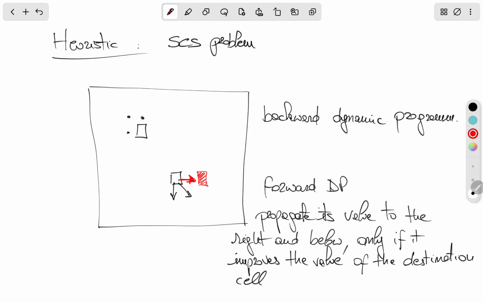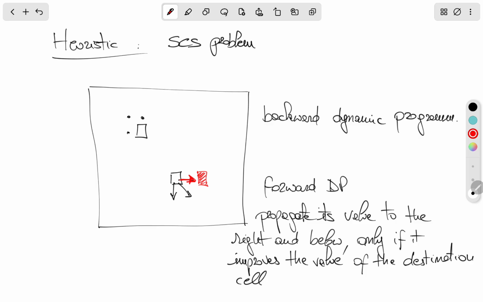I need another ingredient to make this happen, because in what I've described so far, each cell receives a value. But suppose that I have an upper bound on the length of the SCS.